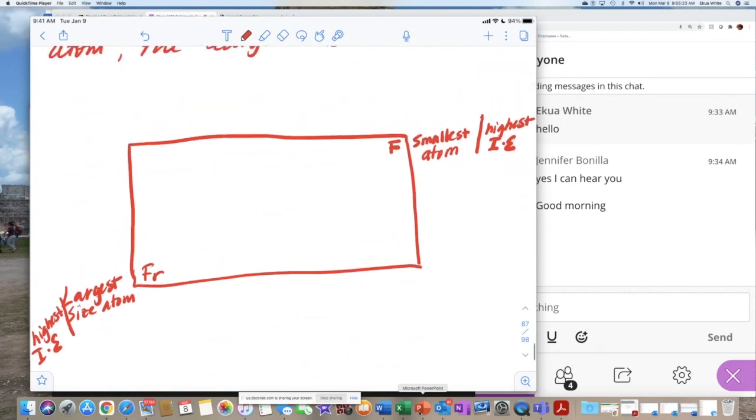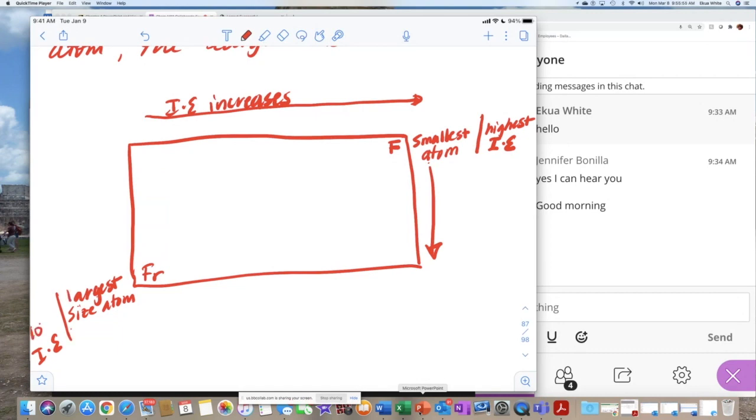Okay, so of course, if you're going from left to right, you know what is increasing. If you go from top to bottom, you know what's increasing, right? So from left to right, as far as ionization energy is concerned, ionization energy increases, right? This has to increase. So by the time we get to fluorine, fluorine will be the highest, right? When we go from top to bottom, we have to end up with, oh, sorry, it's supposed to be lowest. It's the opposite trend. I wrote here largest and then lowest, right?